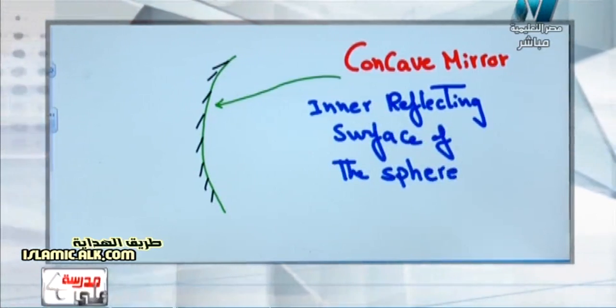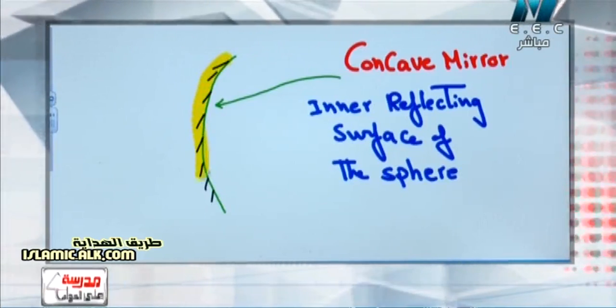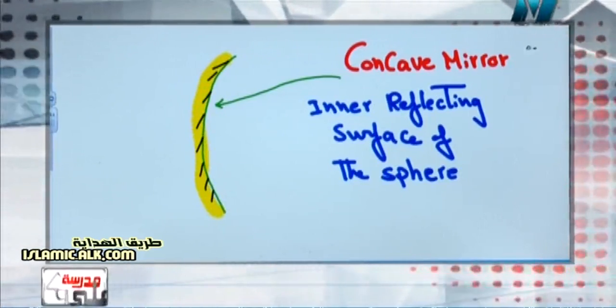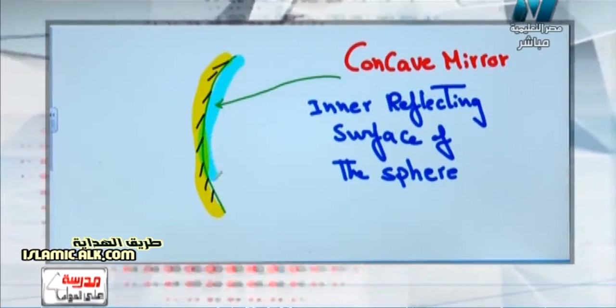As you see, we have this sphere, we have inner and outer. The shaded area is the outer part, and here we have the inner part of the reflecting surface of the sphere.